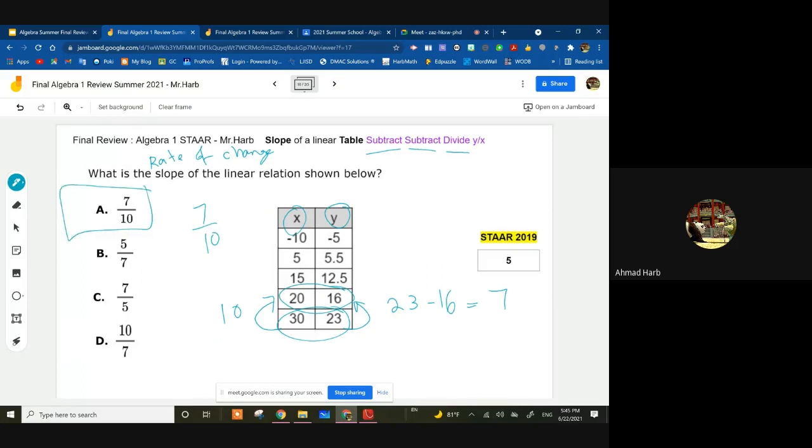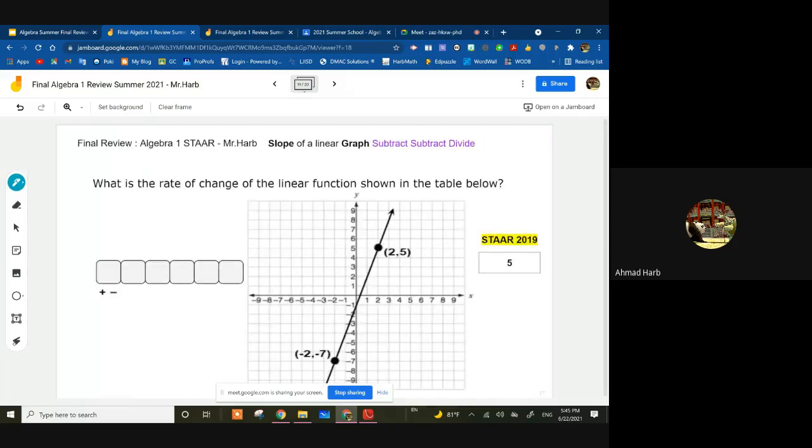The next question asks me also the rate of change, or the slope, of a line that is shown in the graph. So if you see 2 points on the graph, you're going to make the table x and y, because it's comfortable to do it with the table. So x and y, 2 with 5 and negative 2 with negative 7. So what do we do here? You subtract the y's, subtract the x's, and divide.